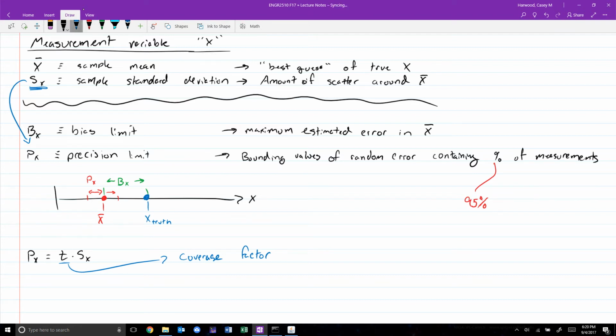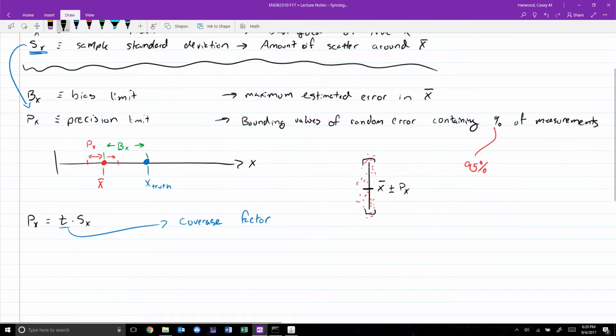That is to say that if we have our average measurements and we have plus or minus p sub x, we expect that when we go in to take a measurement, if we take 100 measurements, 95% of those are going to be contained within this plus or minus p sub x.